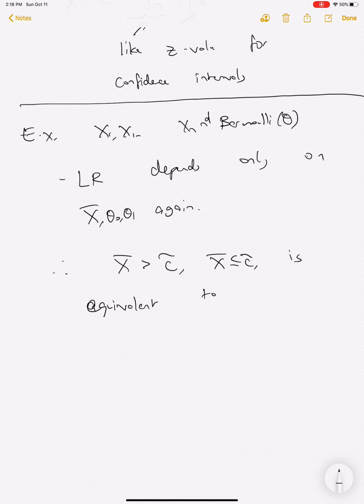And then as an exercise, I'm going to say, use the CLT, the central limit theorem, to find values of c tilde in terms of n, theta 0, and theta 1.